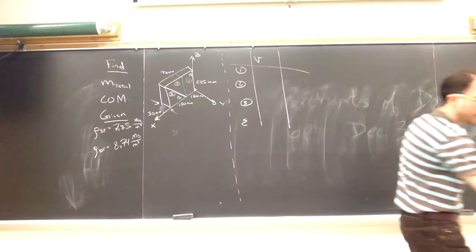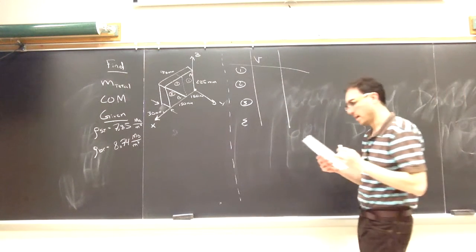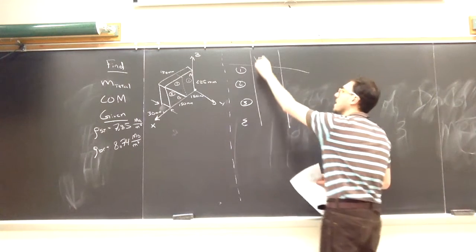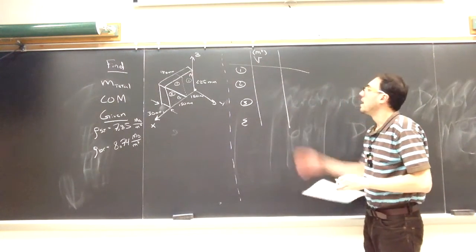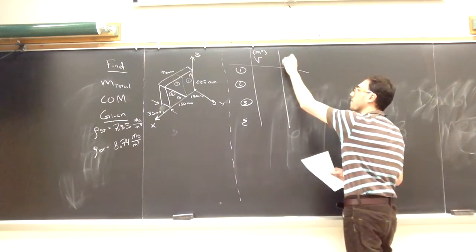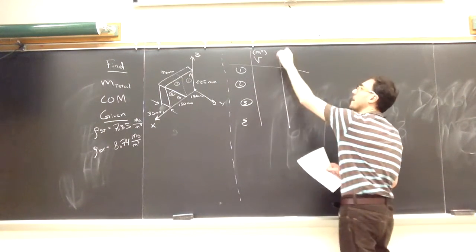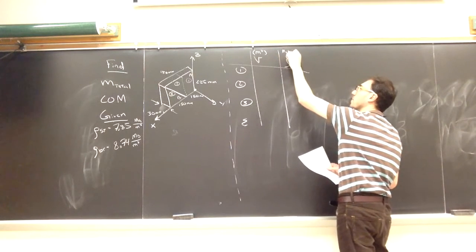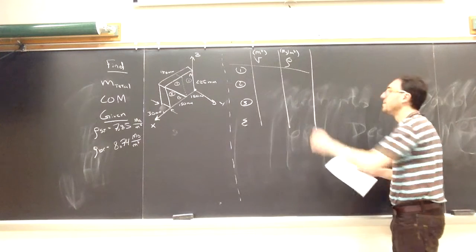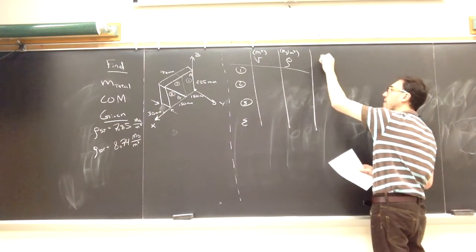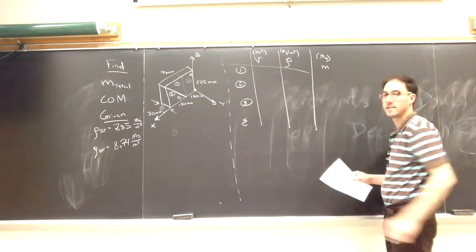For my notes, I kept everything in meters to the 3rd power. I will need the density of the different shapes, which I'll just keep in megagrams per meter cubed, since that's what was provided to us. And then we'll be able to compute the mass of each shape by multiplying its volume by its density.